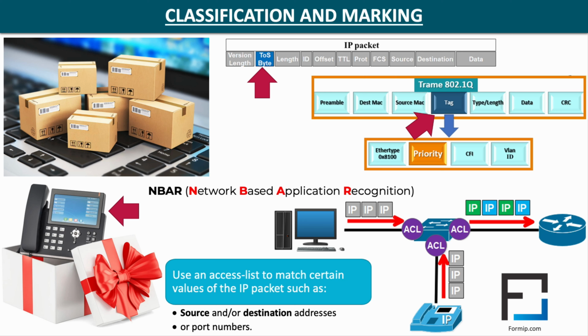Another very useful tool for classification is NBAR, Network-Based Application Recognition. It is a tool that is able to detect network traffic applications using the content of IP packets. This allows for a better classification compared to an access list.